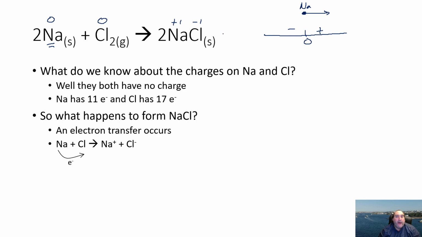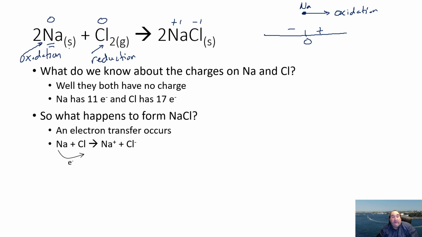It is becoming more positive, which means it is going through oxidation. You want to know the good thing about oxidation reduction? If you can figure out what is going through oxidation, by default, the other guy has to be going through reduction, and vice versa. If you can figure out what's going through reduction, by default, the other thing has to be going through oxidation.